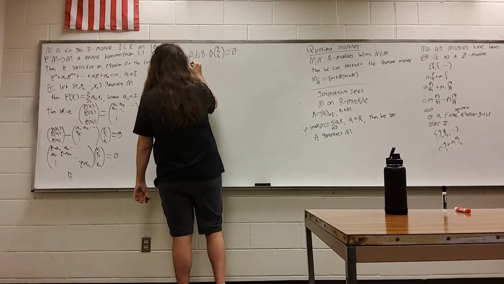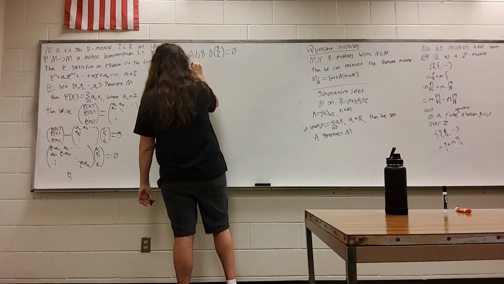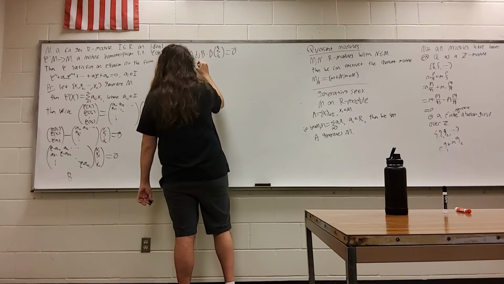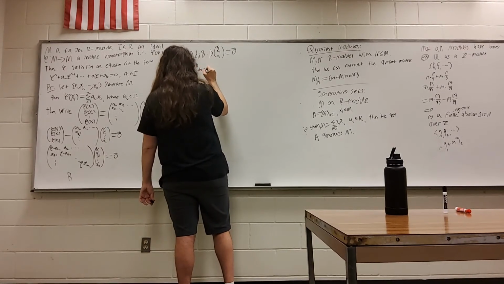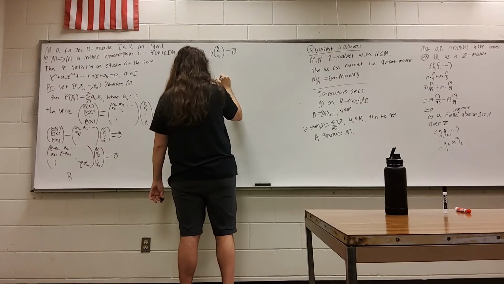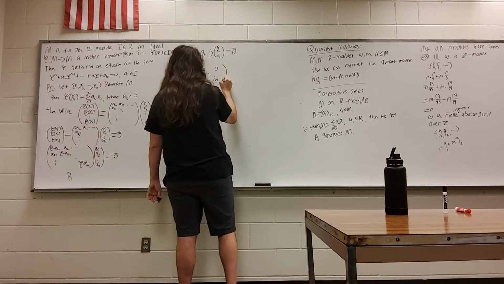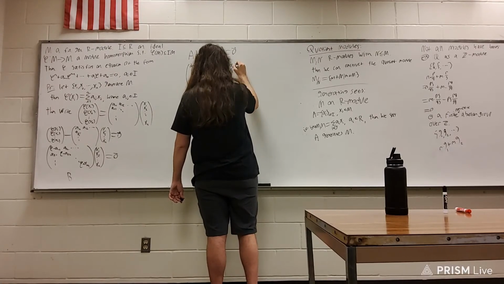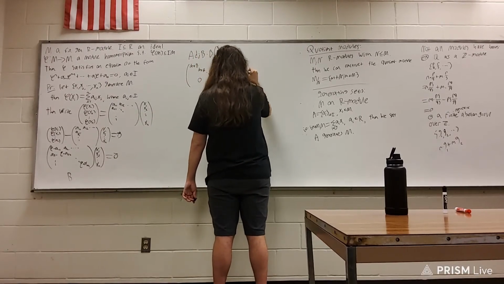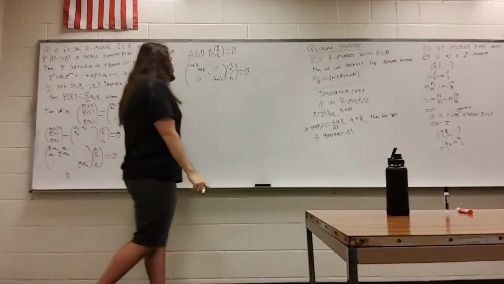So we will end up with det B, det B, and then a bunch of zeros everywhere else, times this column equals 0.